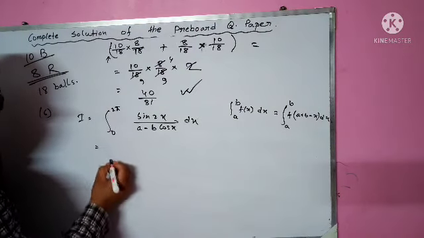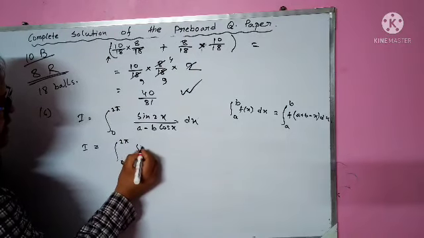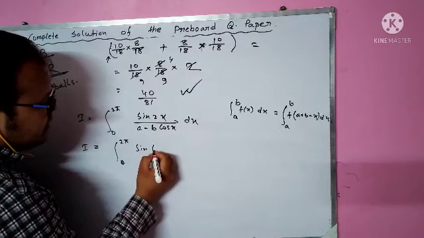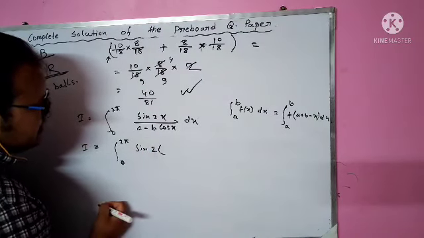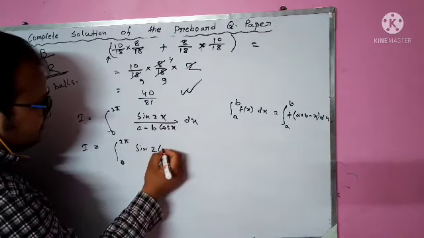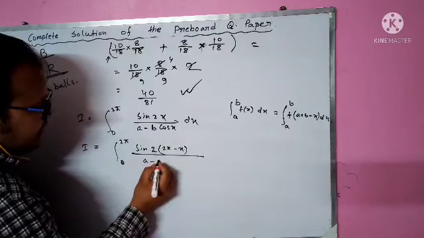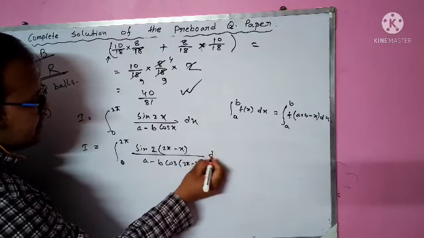So I is 0 to 2 pi, and the sum of 0 and 2 pi is 2 pi itself. The 2 stays outside, x is replaced with 2 pi minus x, divided by a minus b into cos of 2 pi minus x.